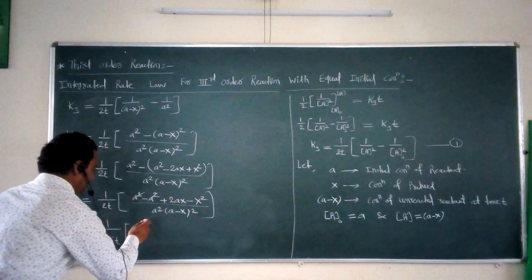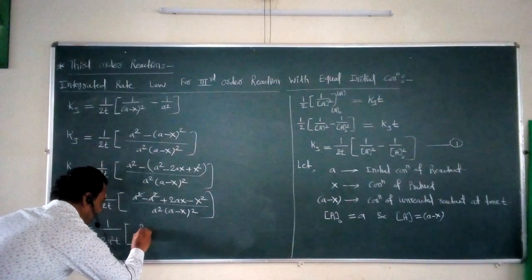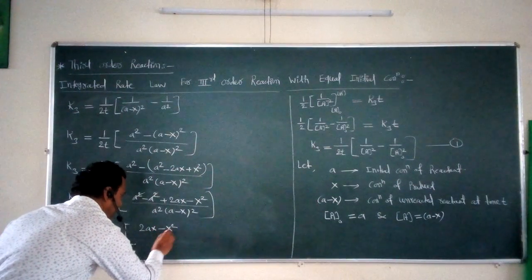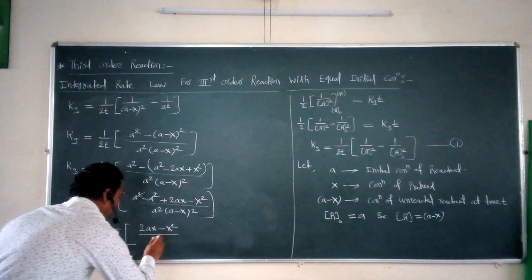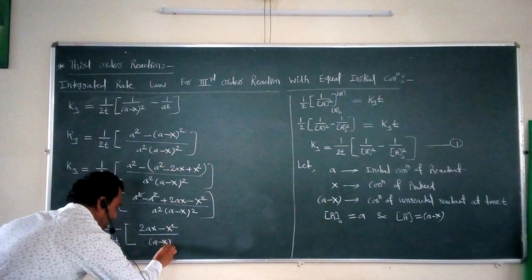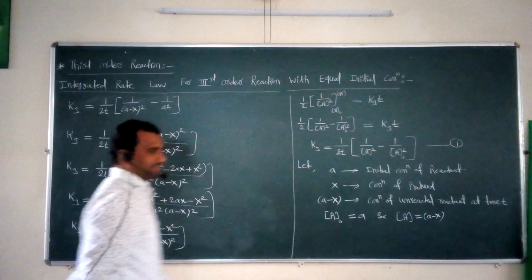What you will get here is 2ax minus x square divided by (a minus x) square. This is the remaining term.